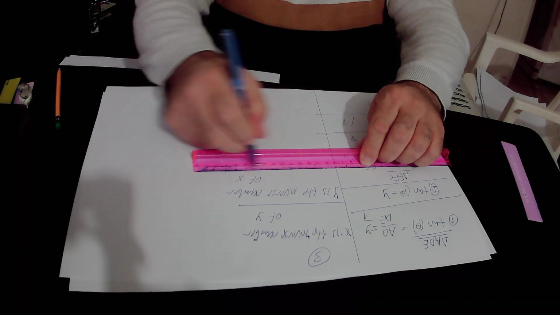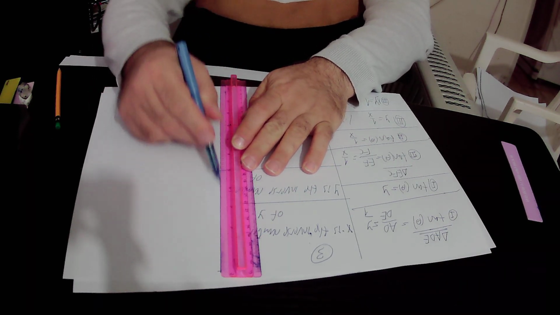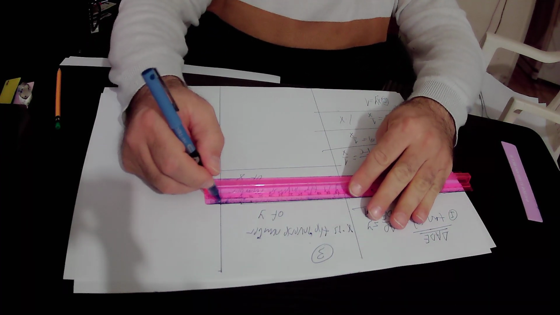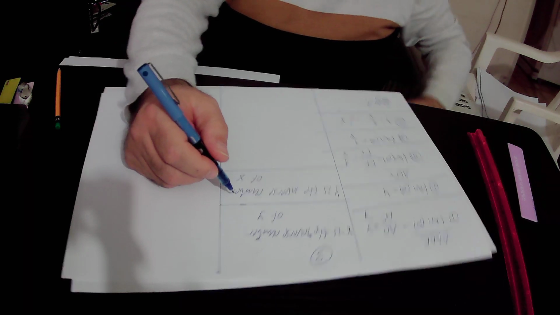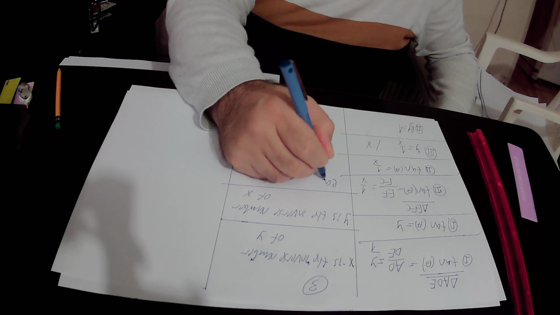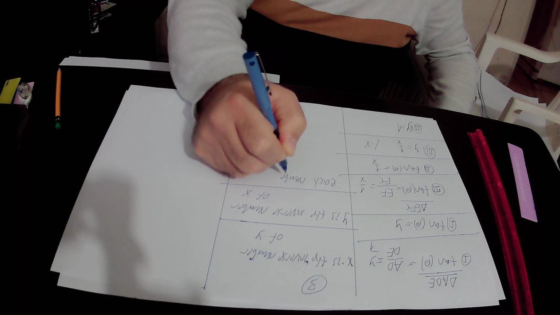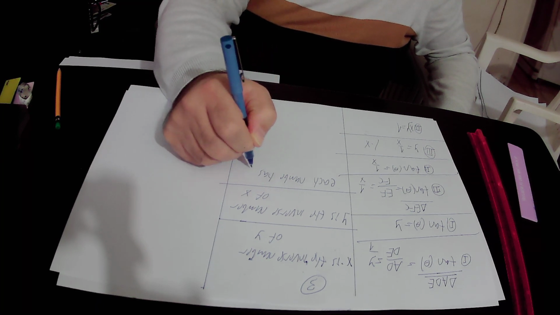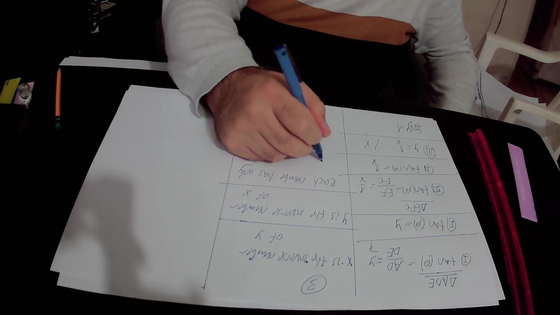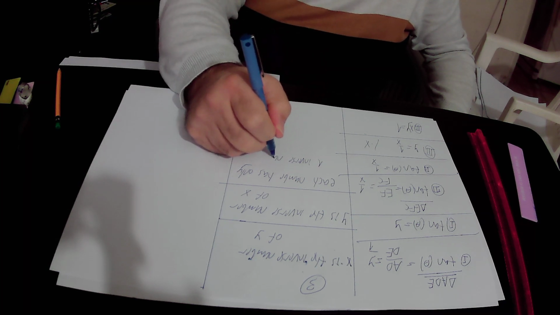Okay, and we have a rule in relation to inverse numbers. The rule is that each number has only one inverse number.